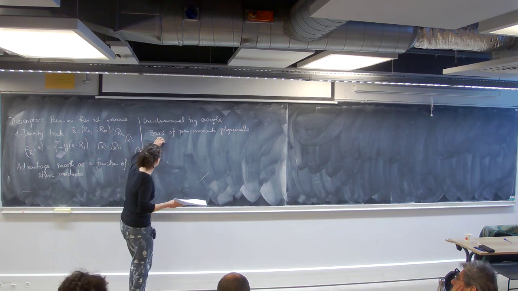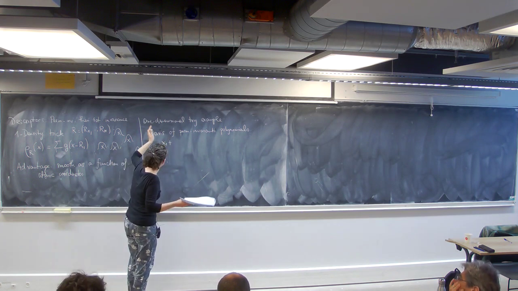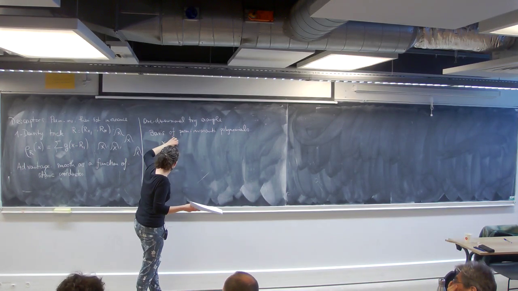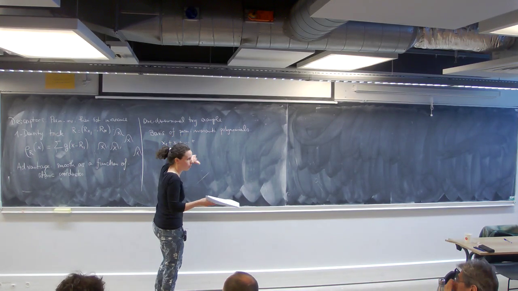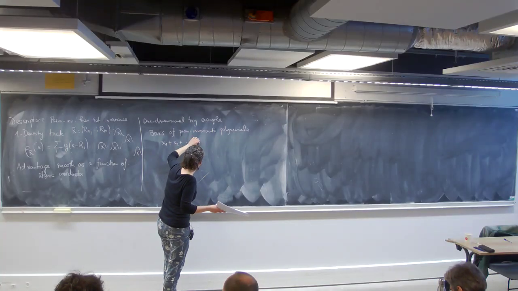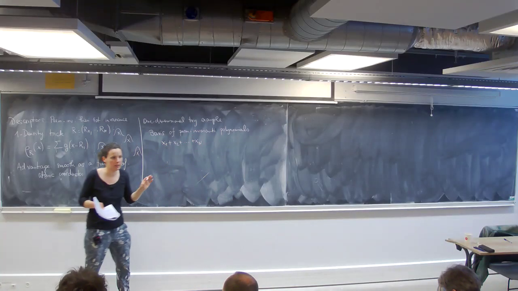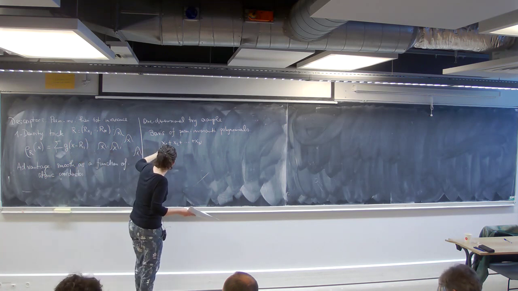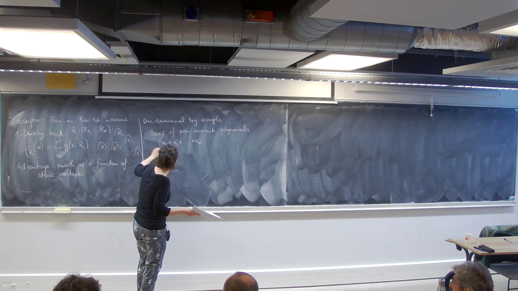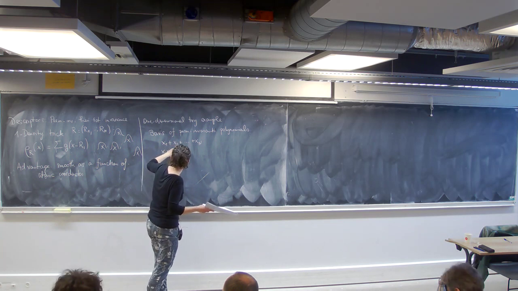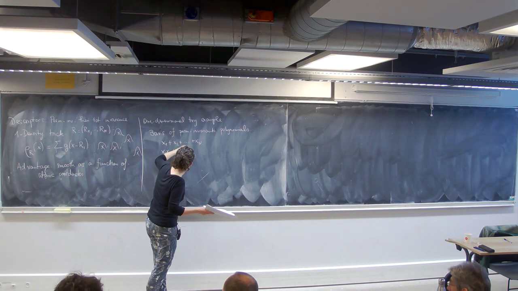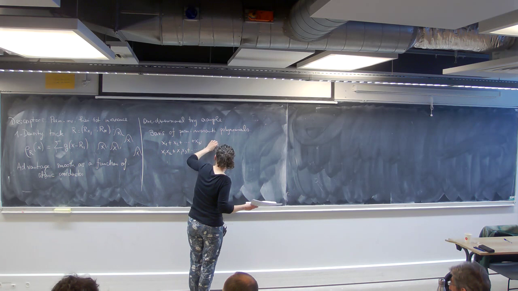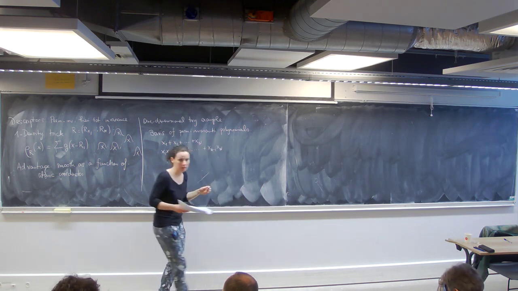So the first one will be, I consider the variables being x1 to xn, and I consider that all particles are identical, and so x1 plus x2 plus xn is a symmetric polynomial. And then if I go to degree 2, then I will have x1 x2 plus x1 x3 plus etc. up to x(n-1) xn.